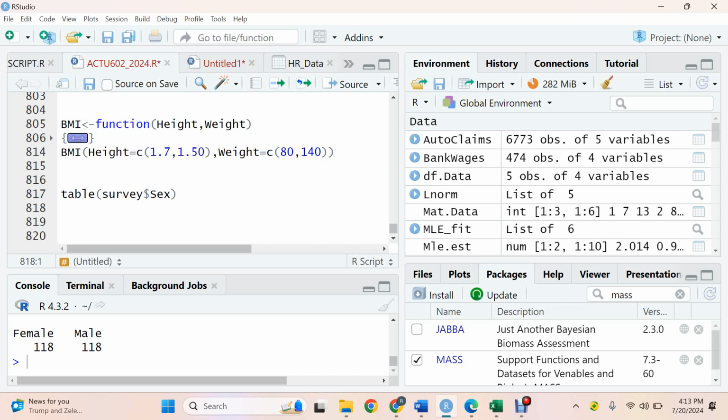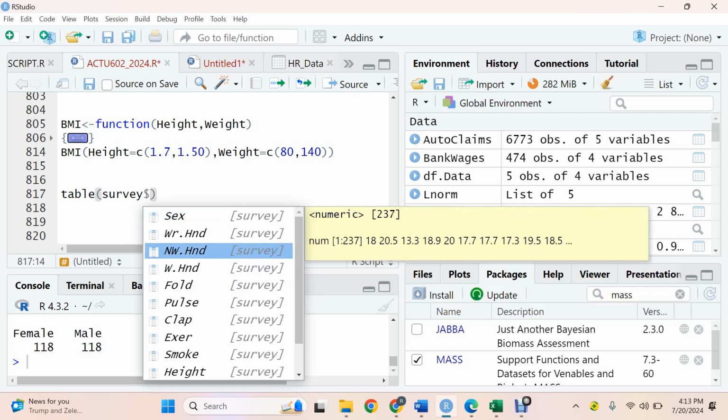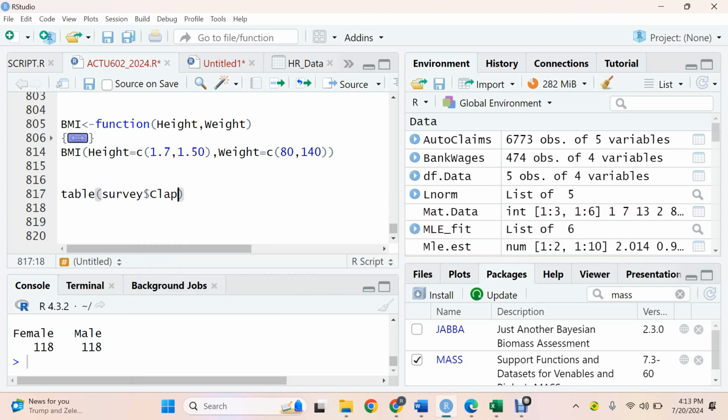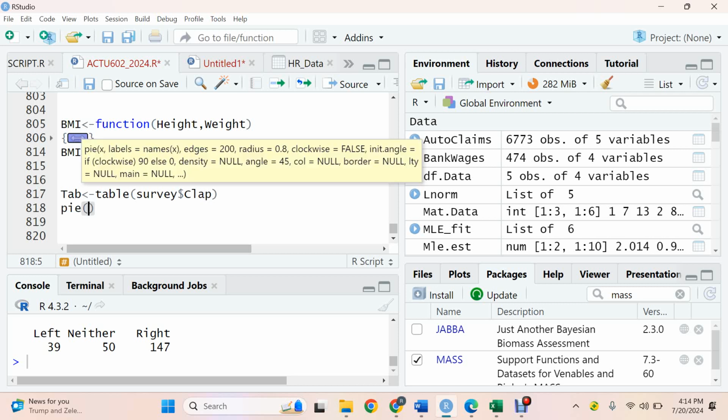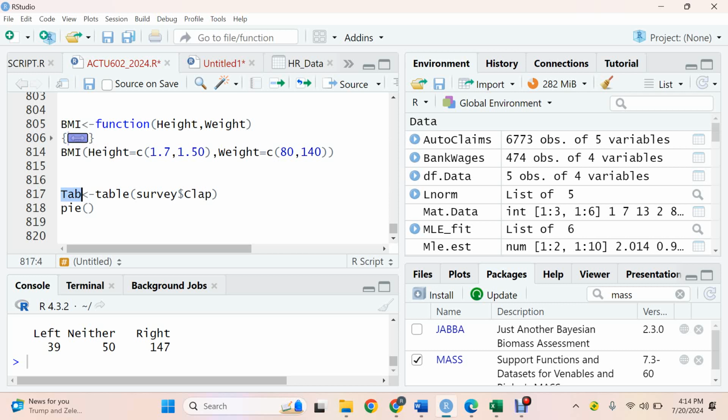If I table it, I get the female number, this number. Okay, so we can also check the pulse. No, pulse is clap, 3 levels. So those who clap with the left, neither, right, and so forth. So now you have this. If you have that table, then you can do a pie chart of it. The raw data you can't do a pie because it's not in frequency form.